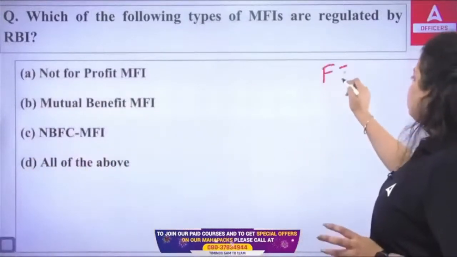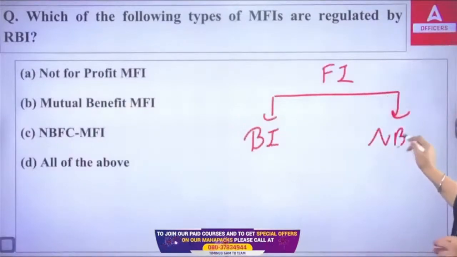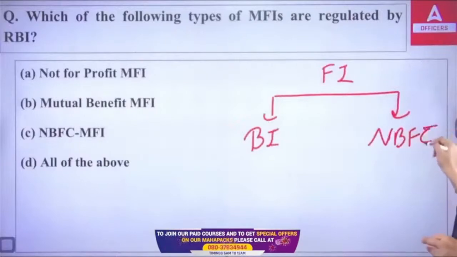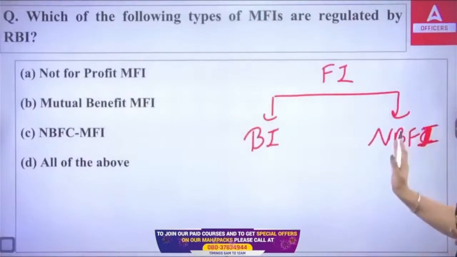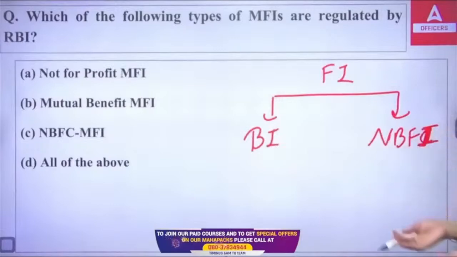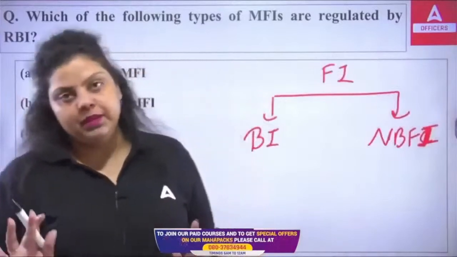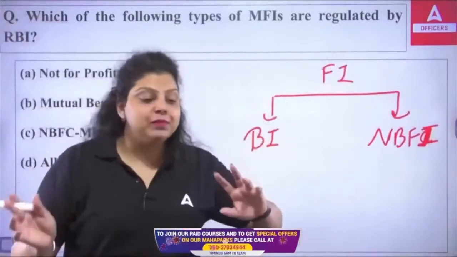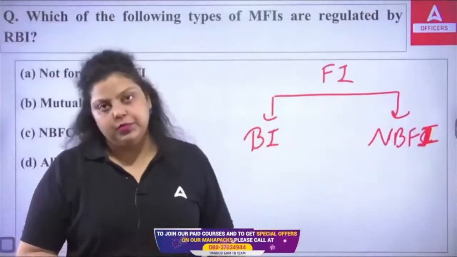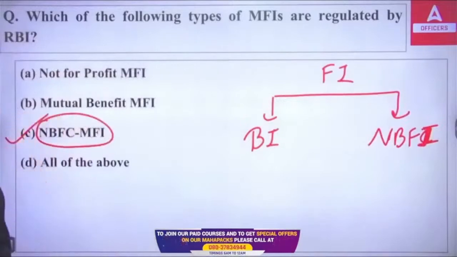Financial institutions are divided into 2 parts: banking institutions, which are all the types of banks in the country, and non-banking financial institutions like the NBFCs, the primary dealer, and the All India Financial Institution. They are also regulated by RBI. They may be incorporated under the Companies Act, but in the end they have to follow RBI. So here the NBFC MFI will be regulated by RBI.